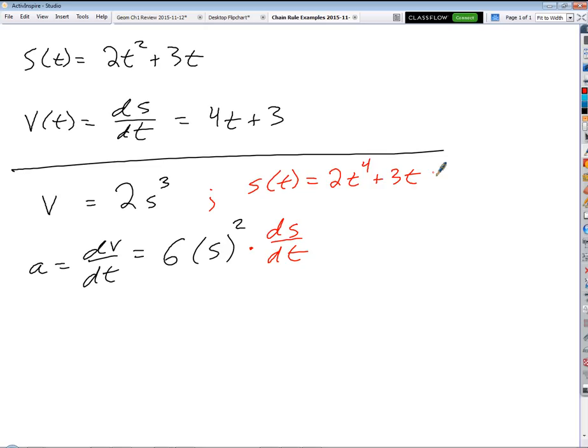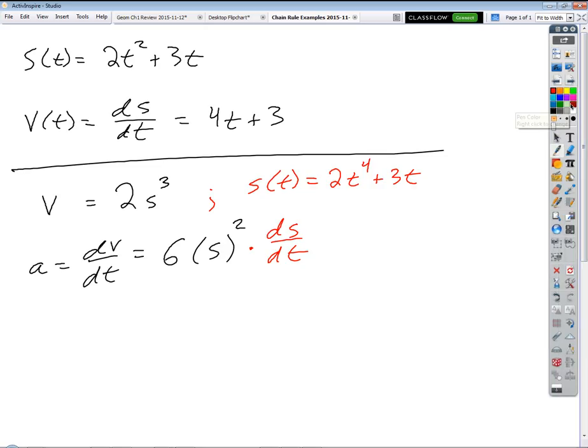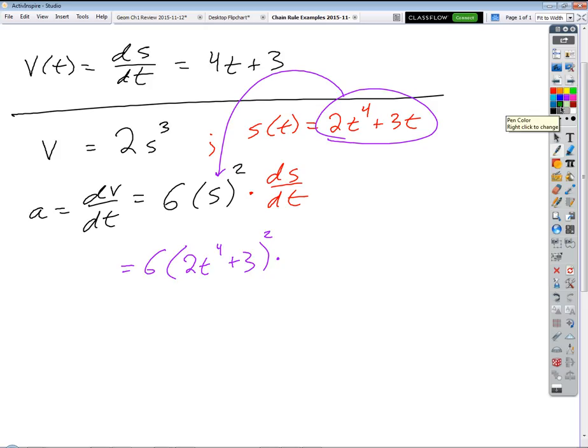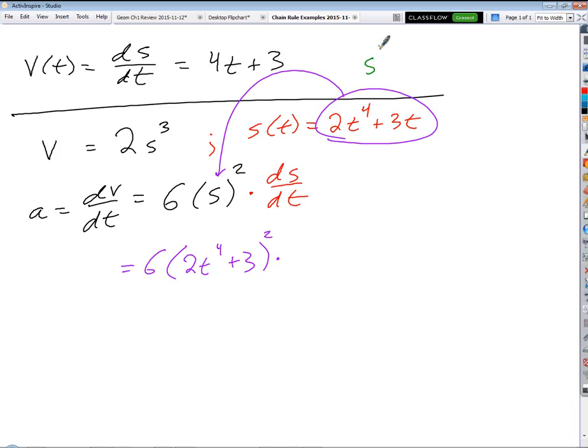Yeah. Right, because all I would do, all I'd have to do now is take this s function, s is now written in terms of t, and plug it in there, right? And that would give me 6 times the quantity 2t to the 4th plus 3t squared times, well, now that I have s of t, I could calculate s prime of t, same thing as ds dt, right?